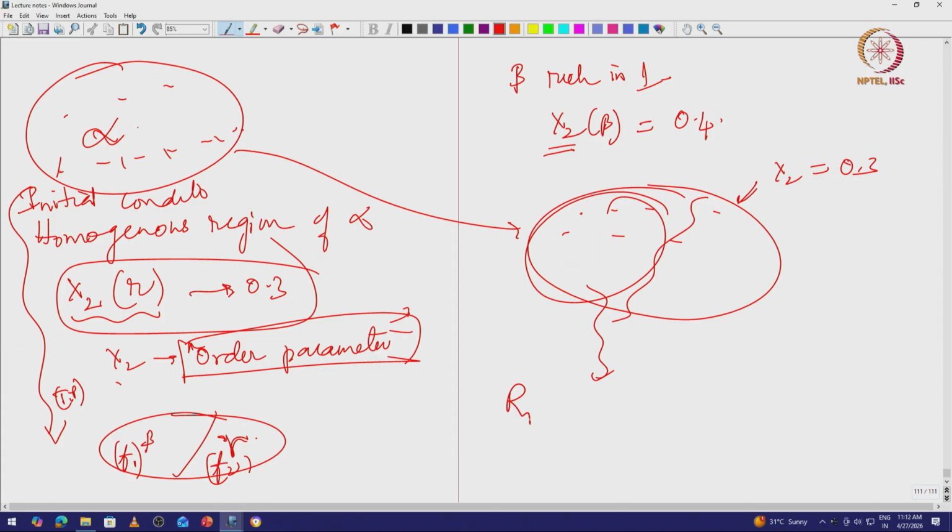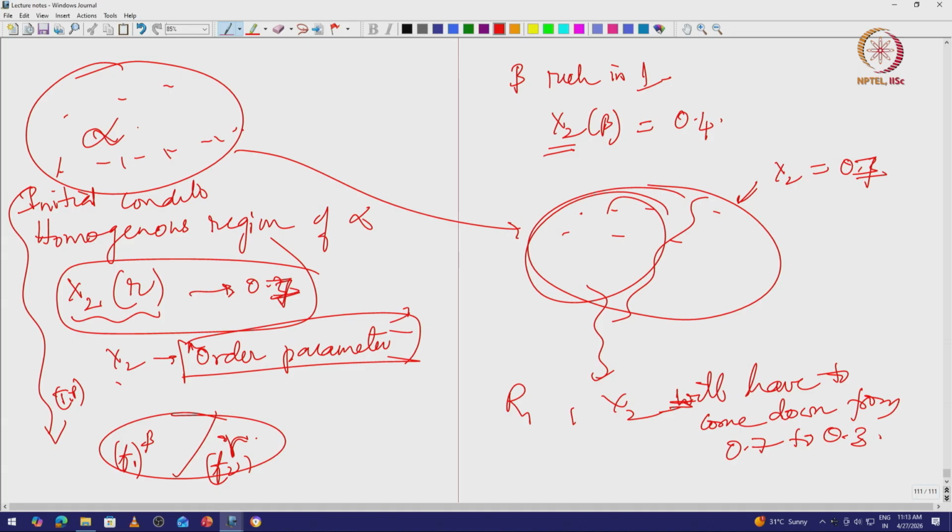So, in region 1 x2 will be 0.7, sorry, right. So, that is what we started with, x2 is 0.7. So, in this region x2 will have to come down from 0.7 to 0.3 or 0.4.